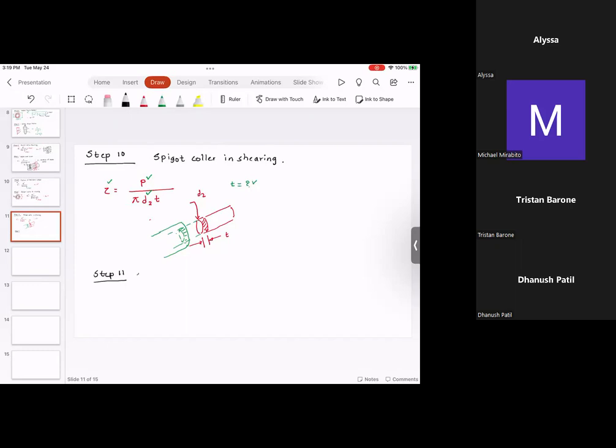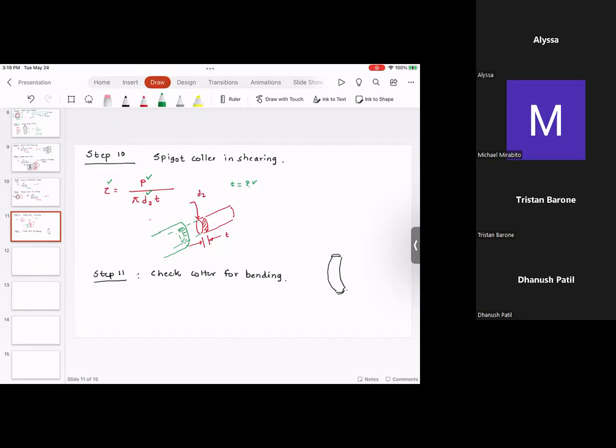And in step 11, we have to check Cotter for bending. Now, if you think about the Cotter, it could bend. And we don't want the stresses on Cotter to be significantly high.